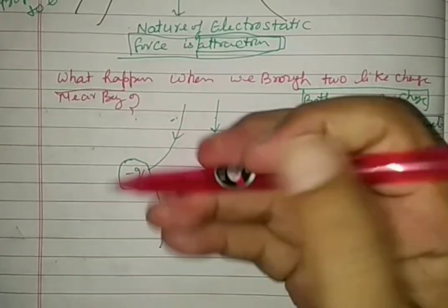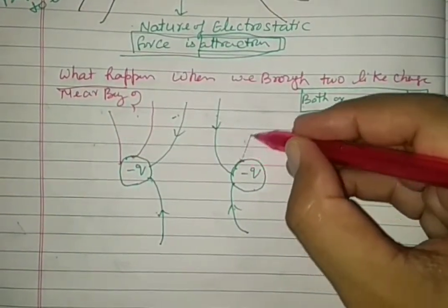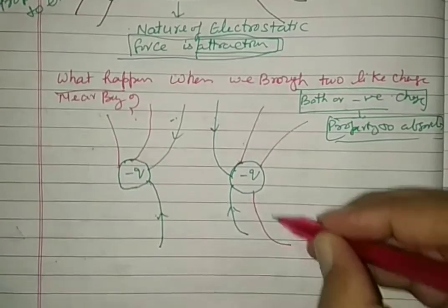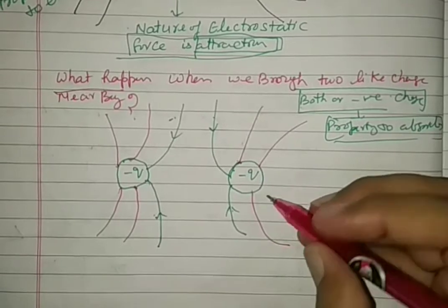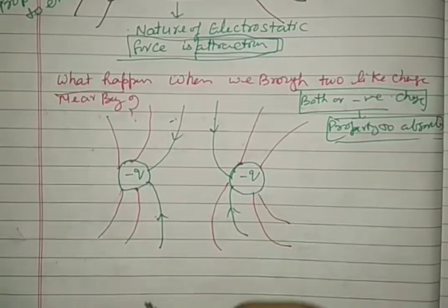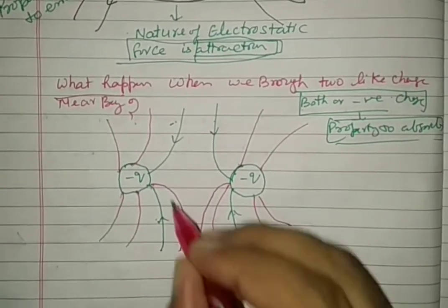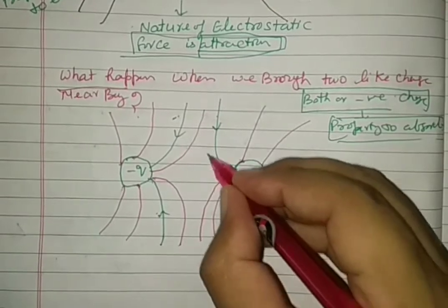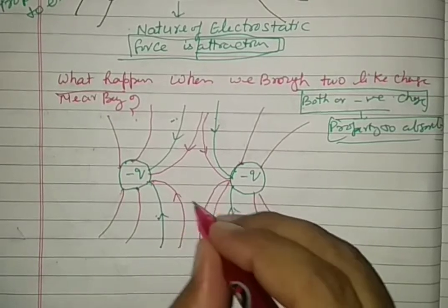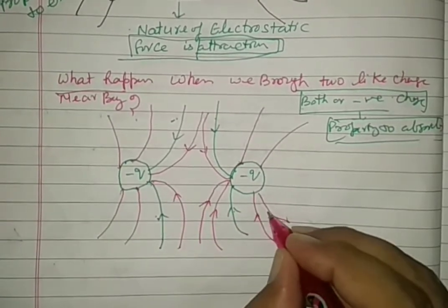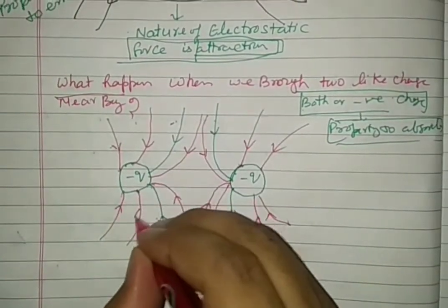See carefully, whatever electric lines of force emit from it. So no one can come in contact with another because both have a like property. Both have like property here.